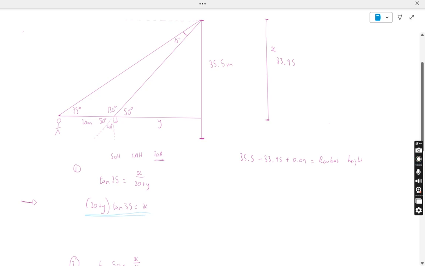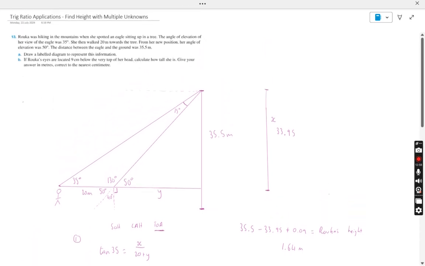And let's figure out an answer for this. So 35.5 minus 33.95 plus 0.09 is 1.64. 1.64 meters. That is how tall Ruka is. Give your answer in meters correct to the nearest centimeter.